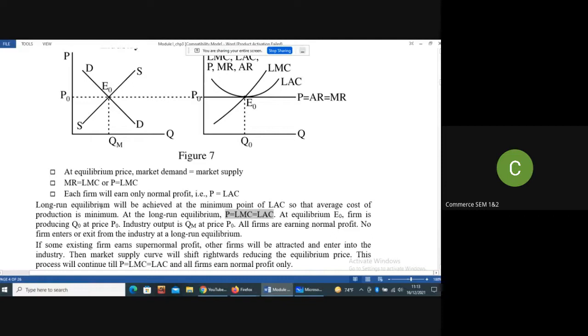Long run equilibrium will be achieved at the minimum point of LAC, so that the average cost of production is minimum. At equilibrium E0, the farm is producing Q0 at price P0, and industry output is QM at price P0. All the farms are earning normal profit in long run equilibrium, so no firm will enter or exit the industry.